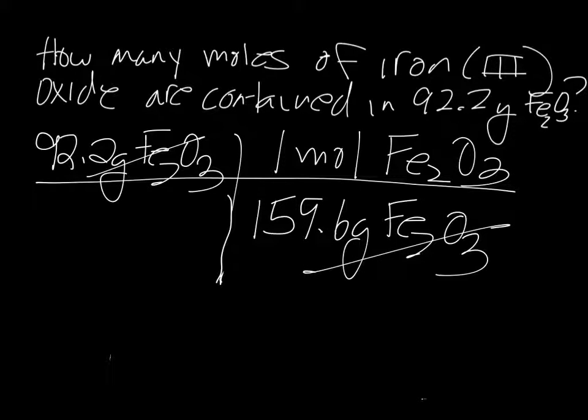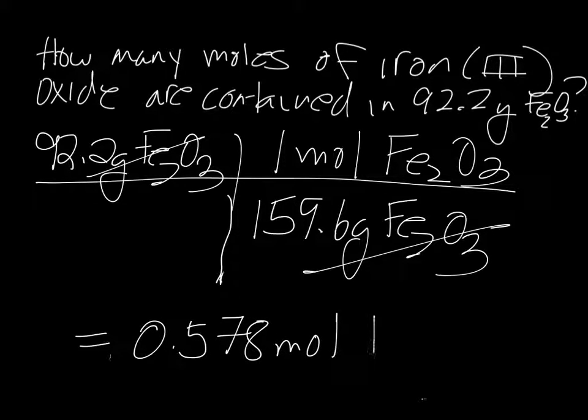So I take 92.2 times 1 mole of Fe2O3 divided by 159.6. And I end up with 0.578 moles of Fe2O3.